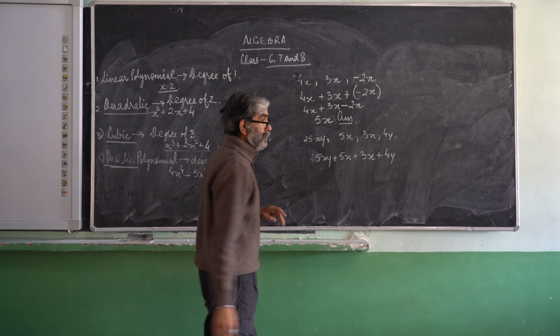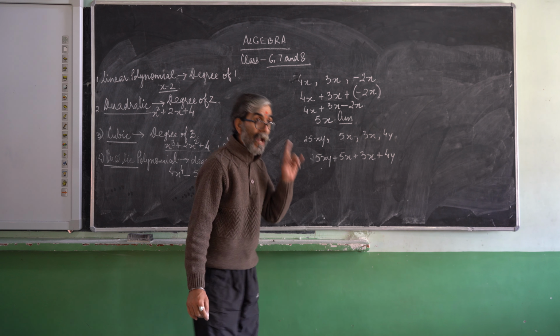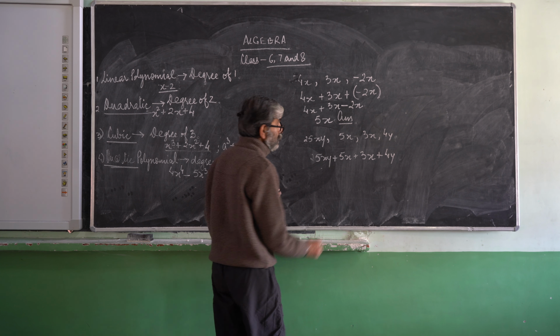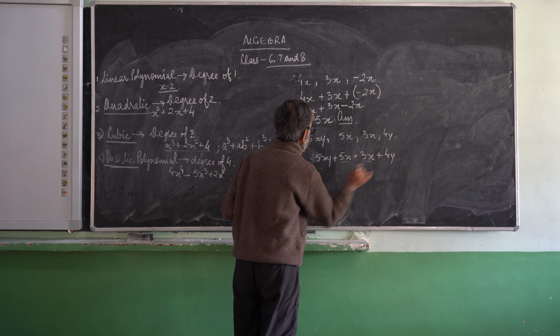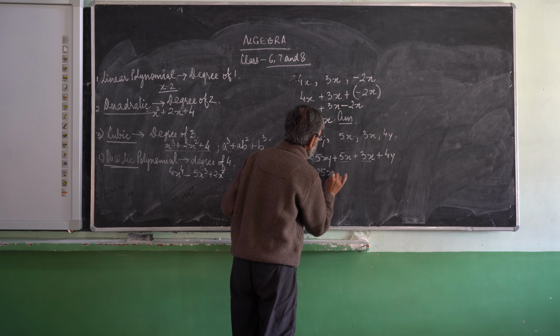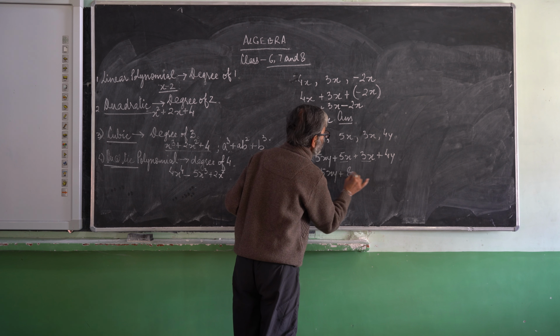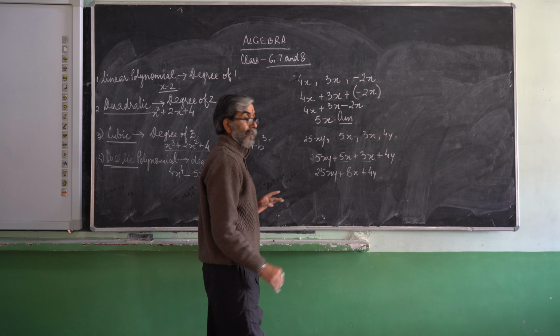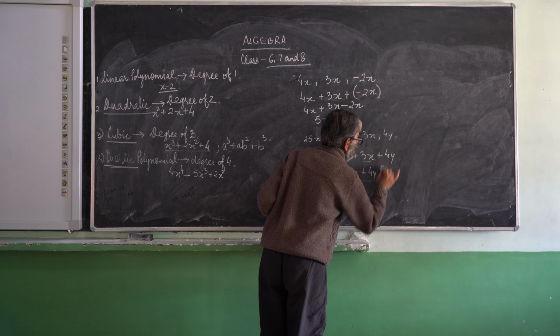What I told you earlier is you add or subtract the like terms. So which are the like terms in this expression? 5x and 3x. So it will be 25xy plus 8x plus 4y. And this will be your final answer.